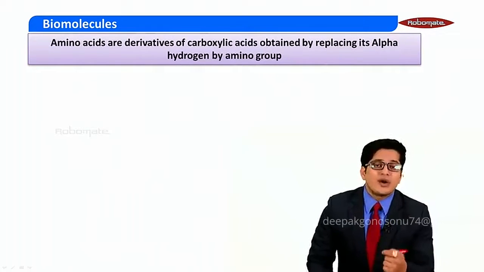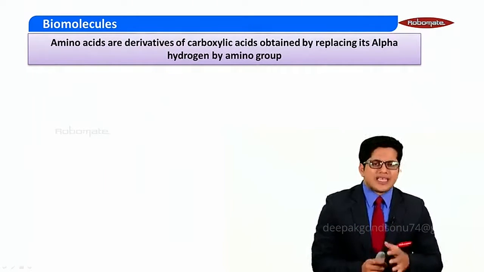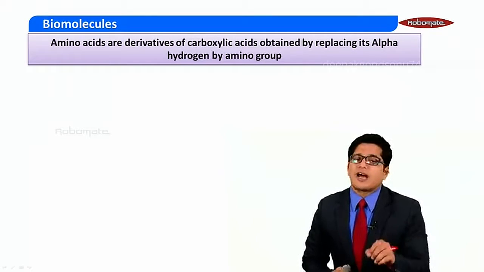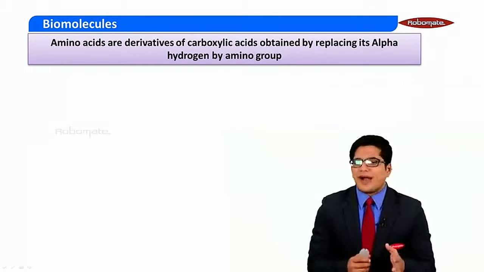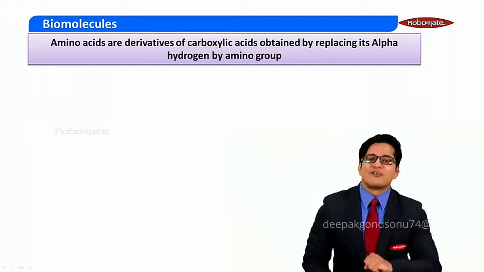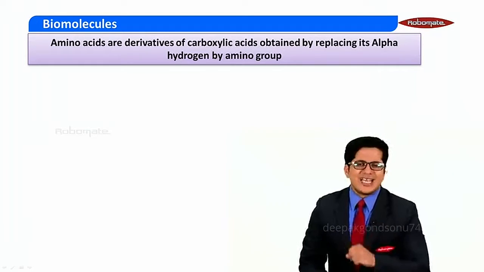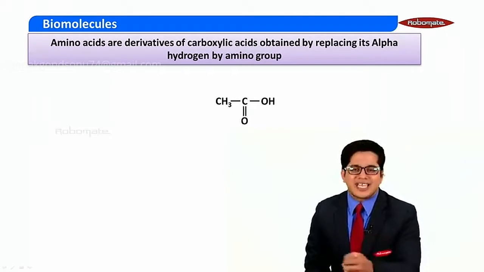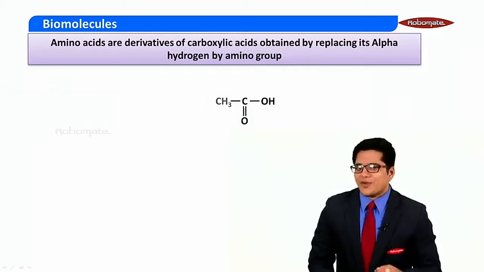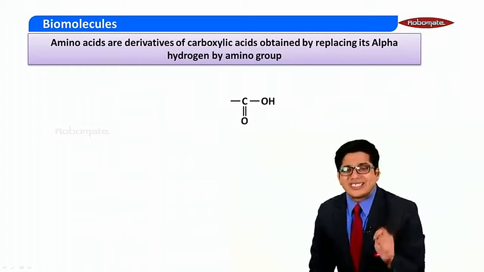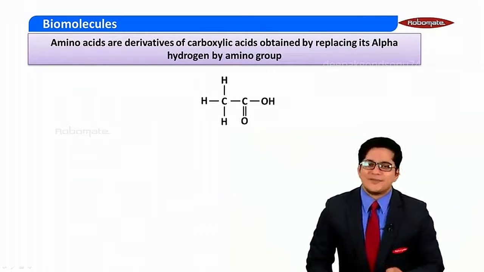Let's now understand what are amino acids derived from. Then it is said that amino acids are derived from carboxylic acids by replacing their alpha hydrogen atoms. Let's see how. Let's take in carboxylic acid. Suppose we take acetic acid. Now, what we are doing is, instead of writing CH3, we are writing the same CH3 in this fashion.